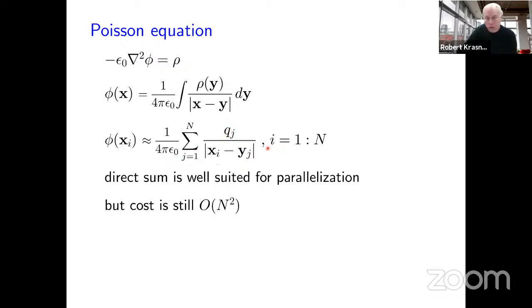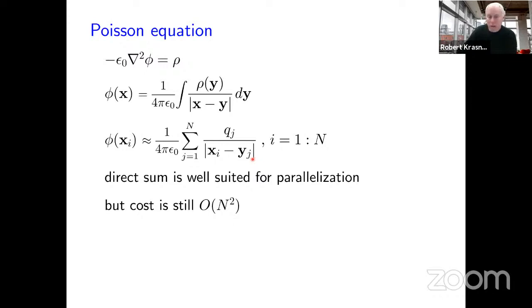And there are two loops. We have a loop over i and a loop over j. And this is the direct sum, and it's well suited for parallelization. The reason it's well suited for parallelization is because it's very simple. And each calculation here for a given i and j can be computed concurrently with different i's and j's. And the computations for different i's and j's are essentially the same.